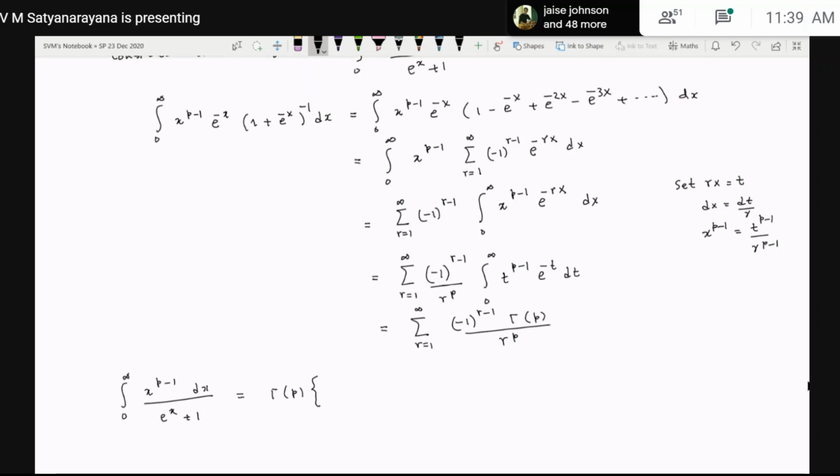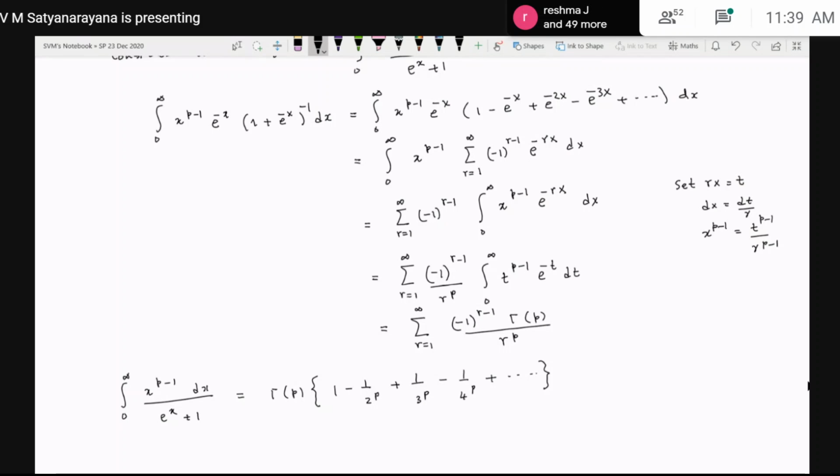What is that infinite series? If r is equal to 1, that is 1, then minus 1 by 2 to the p, plus 1 by 3 to the p, minus 1 by 4 to the p, and so on.